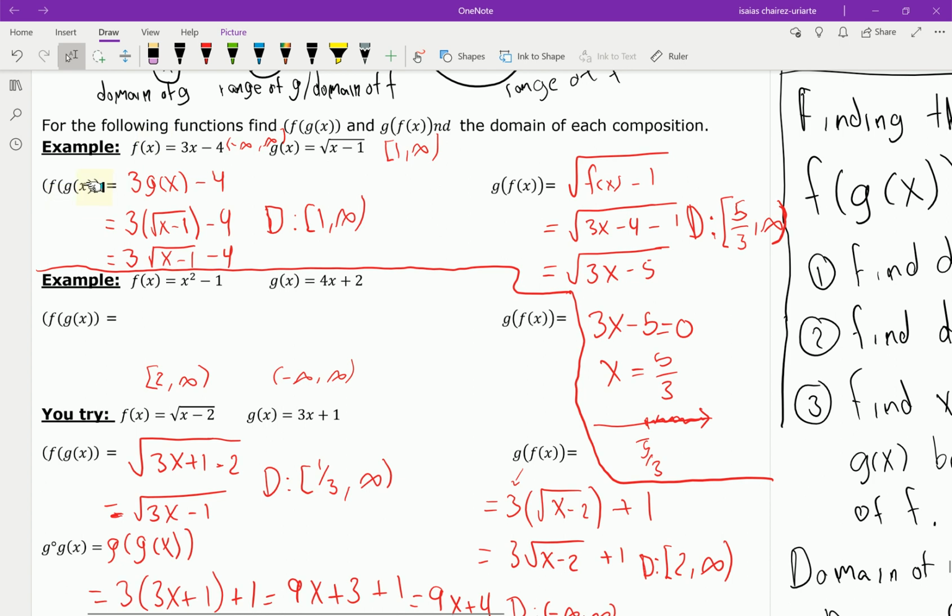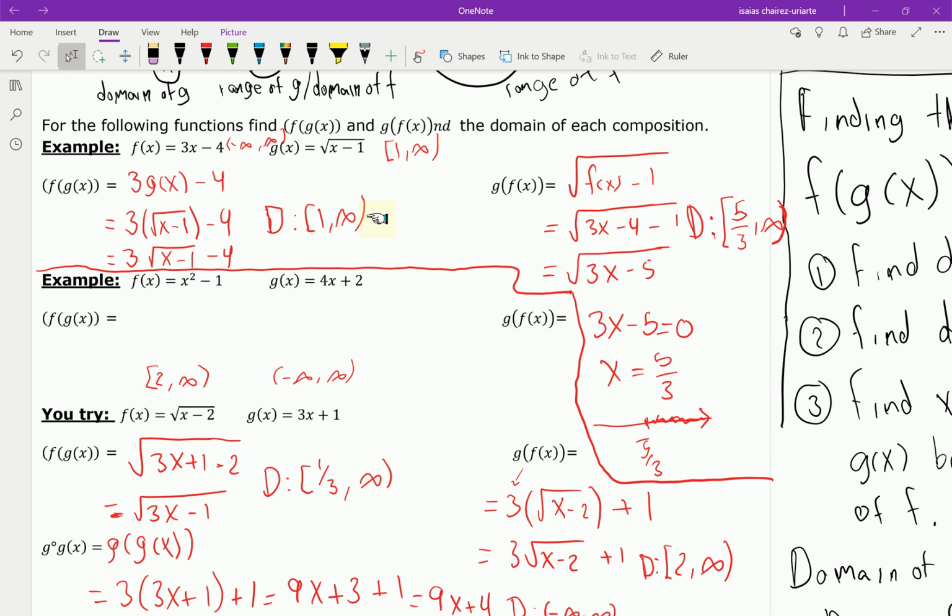Well, the domain of f of x is everything, so there are no such x's. And so I'm going to conclude that the domain of this composition is just the domain of g of x, 1 to infinity. I hope we agree on that.